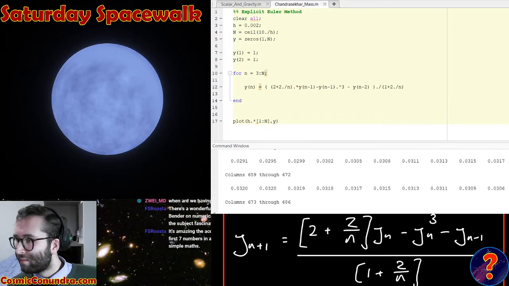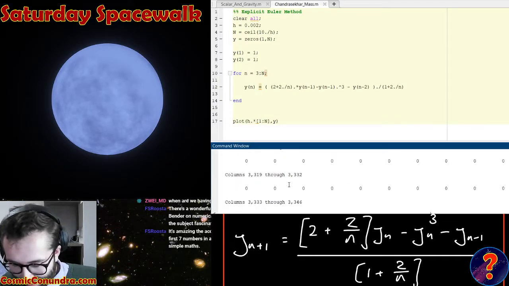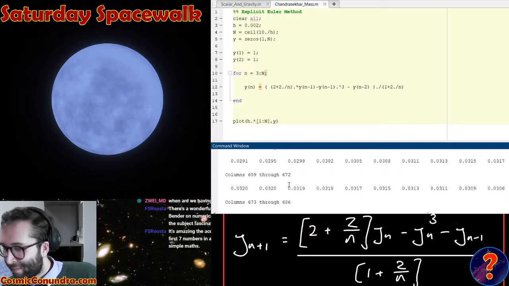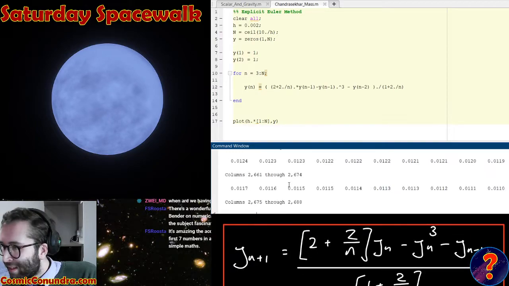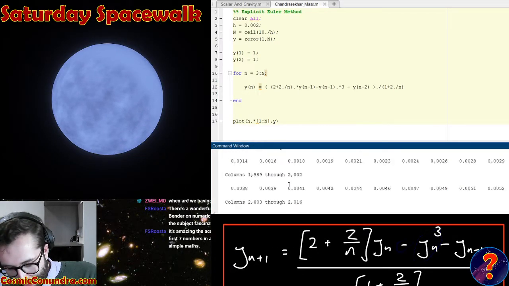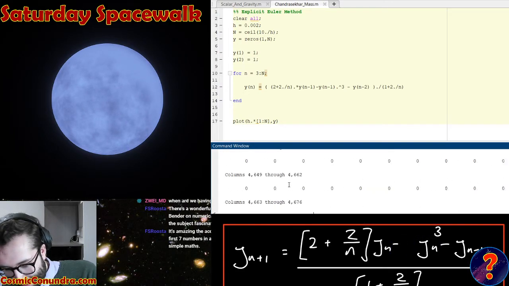Oh wait, oh no, I missed something else. I've just realized this expression here is actually slightly incorrect. There should be a delta x squared here. I'm going to have to change that.